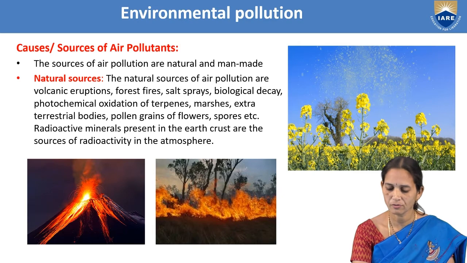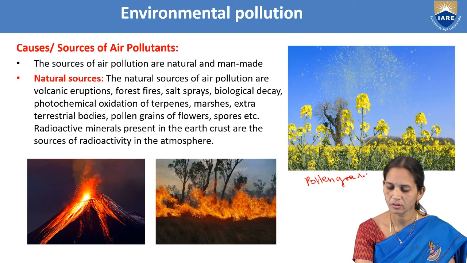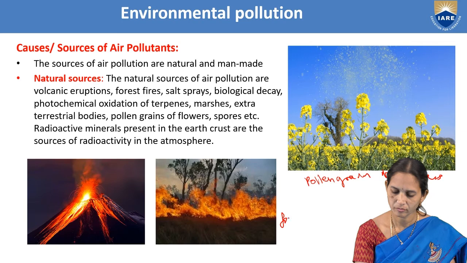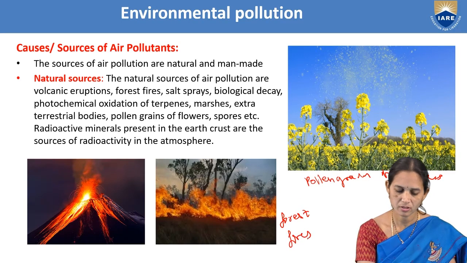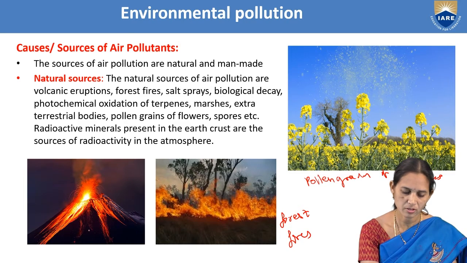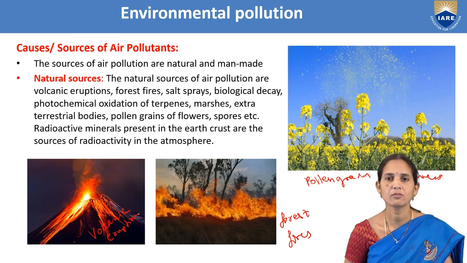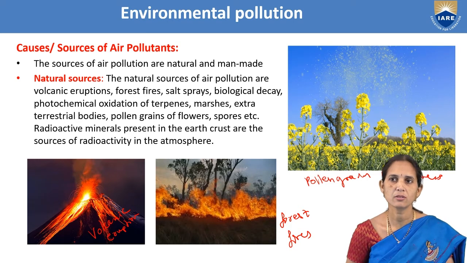We can see pollen grains of flowers, forest fires, and volcanic eruptions in the diagram. All these lead to air pollution from natural sources.